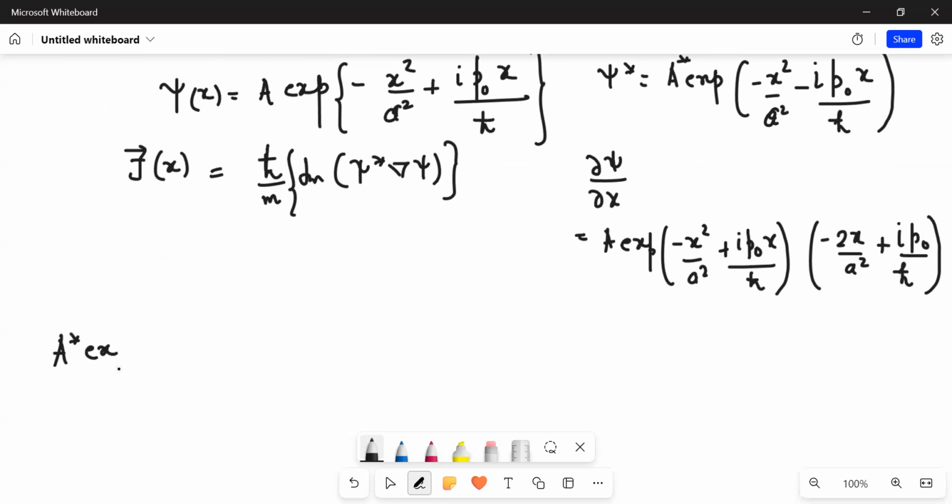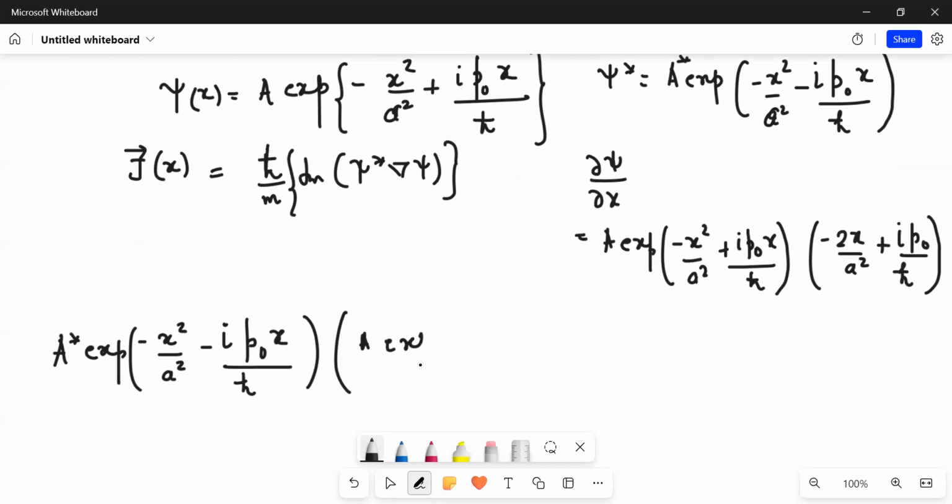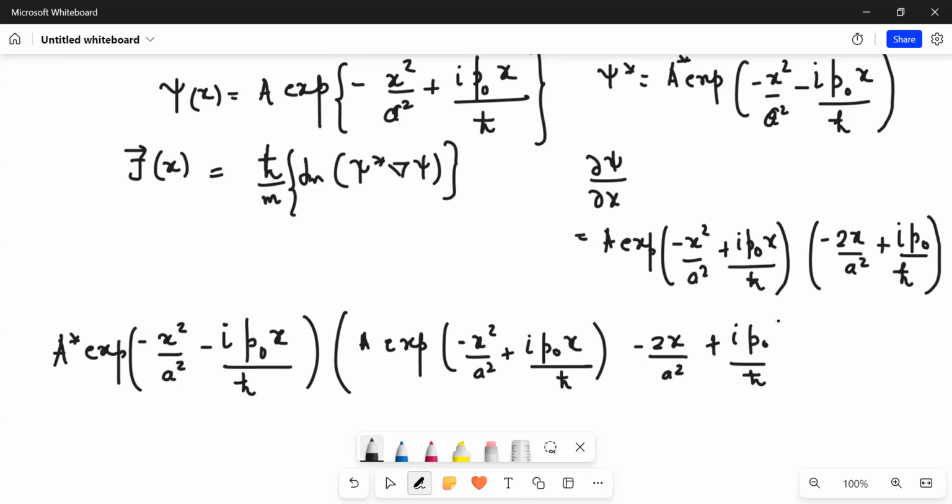Then you have this exponential of minus x square upon A square minus iota P naught x upon h cut, times del psi upon del x, which is A exponential of minus x square upon A square plus iota P naught x upon h cut, and then you have this minus 2x upon A square plus iota P naught upon h cut.